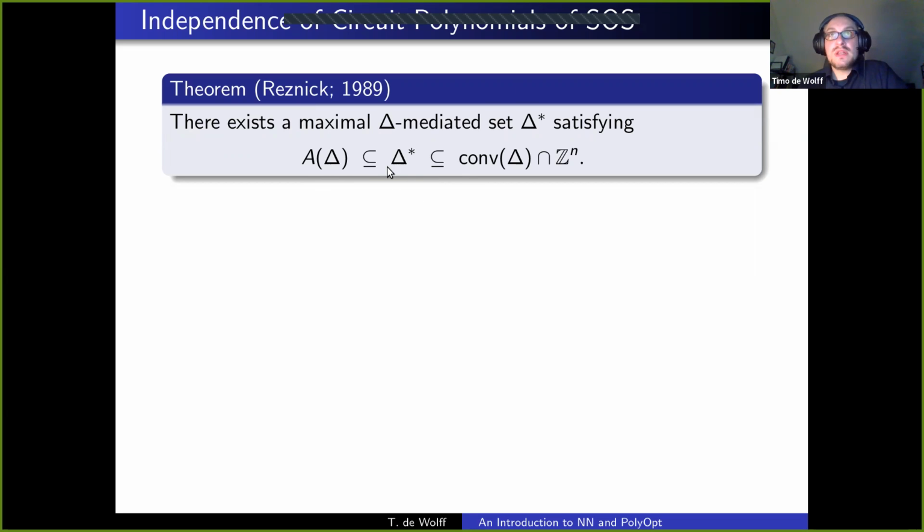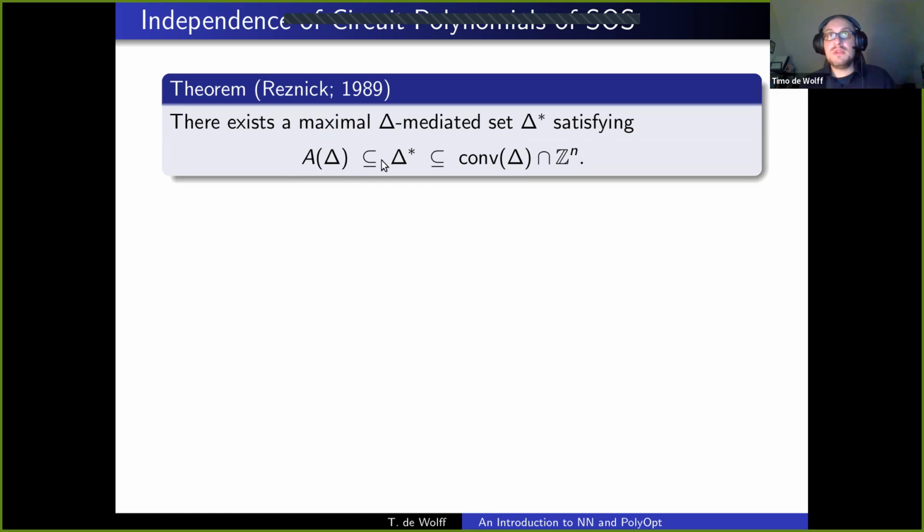And where is it contained? At most, it is the set of all lattice points in the simplex given by the convex hull of my set delta. And what is the lowest that I can get? Well, I always have the vertices of my simplex by definition, and they have even entries. So I will always have at least the vertices and the midpoint of every edge. And this is what is described here as delta.